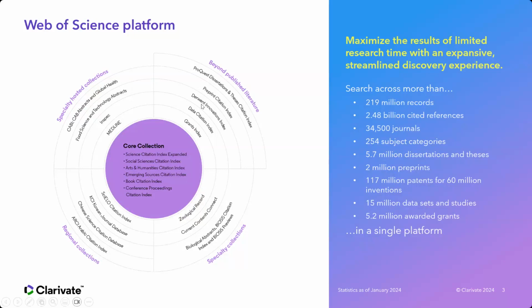It also hosts multiple non-traditional publication types like grants, preprints, dissertations, and theses for you to discover. Specialized collections like the Zoological Record, BIOSIS Previews, BIOSIS Citation Index, CABI, MEDLINE, Inspec, and FSTA are also some of the third-party databases that we have within this Web of Science ecosystem.